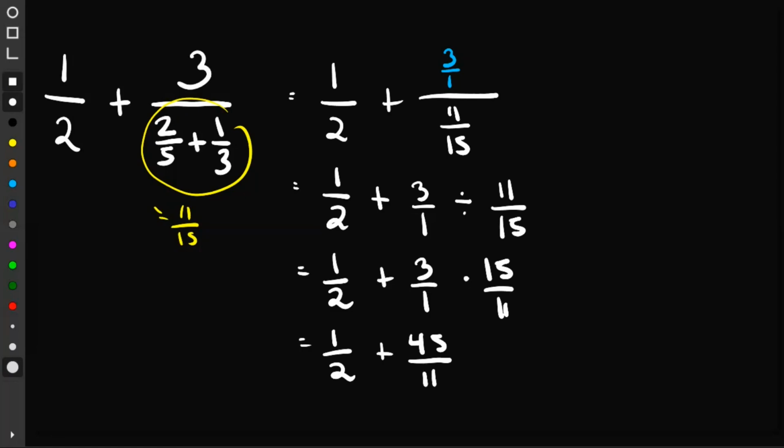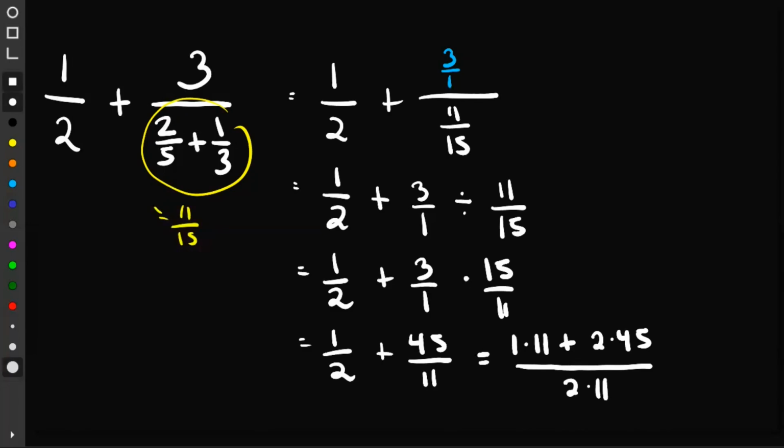Now we're just simply left with the addition rule or the butterfly method out here. So this one is equal to 1 times 11 plus 2 times 45 all over 2 times 11.